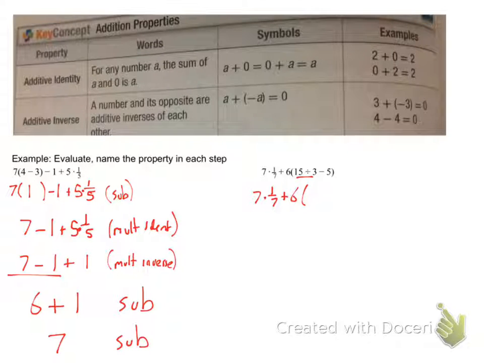What is 15 divided by 3? 5. And what do we want to use as our property? I think it'd just be substitution again. We don't have one that says, hey, if I divide it by 3, right?